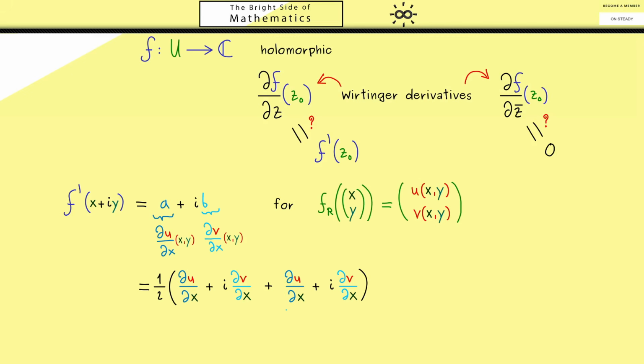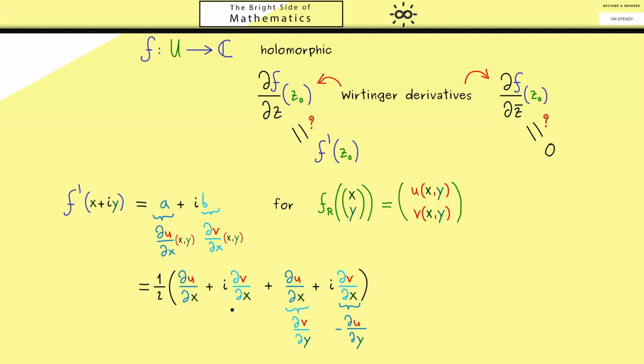So instead of du dx, we can write dv dy. And on the other hand, dv dx can be written as minus du dy. Okay, what you now should see is that some symmetry is involved. We have two partial derivatives with respect to x and two with respect to y.